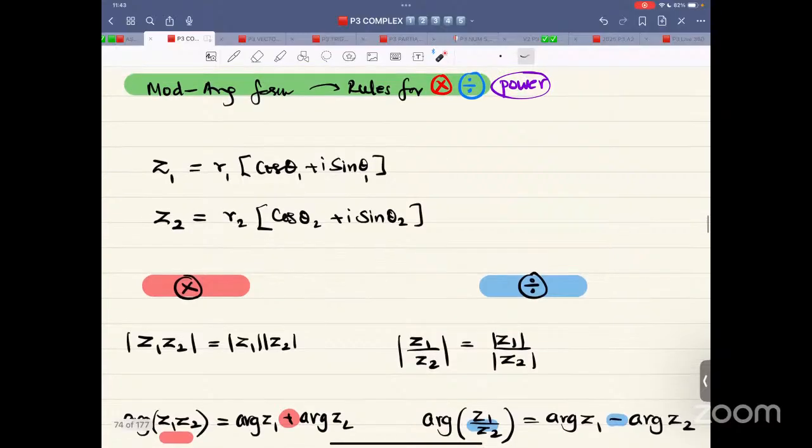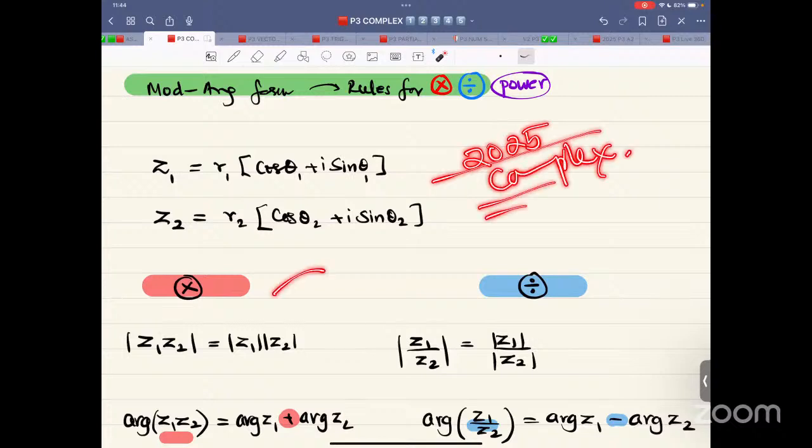Now, some rules related to multiplication, division, subtraction. So now if Z1 is R1 (cos theta 1 plus i sine theta 1), Z2 is R2 (cos theta 2 plus i sine theta 2). When we talk about multiplication, there is a very important rule. Again, look at the videos of 2025, the complex numbers, the 4 videos.